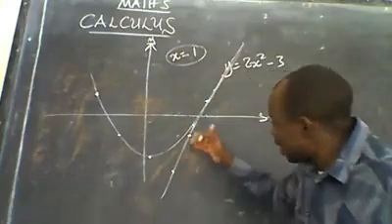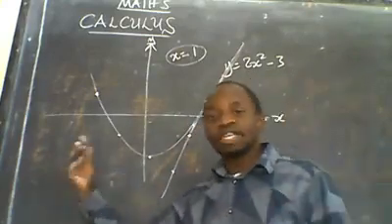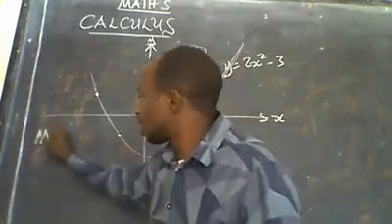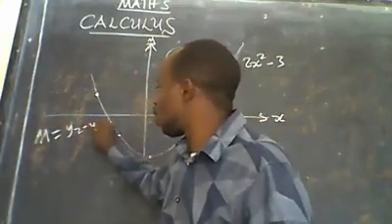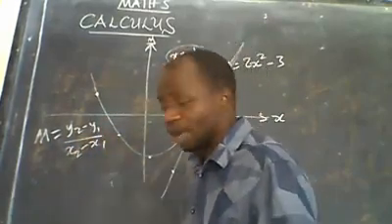So after getting the 2 points, that's when we are using m equal to y2 minus y1 over x2 minus x1.